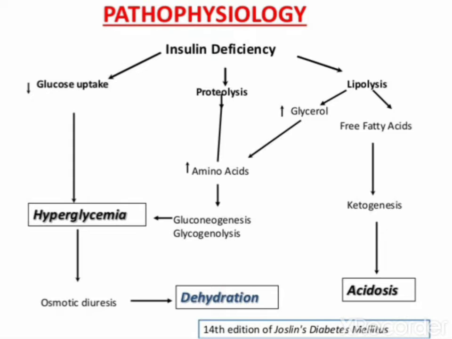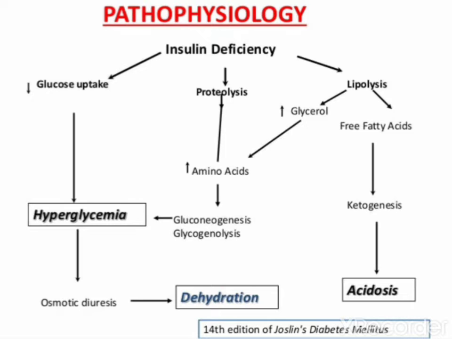Now coming to pathophysiology, when there is insulin deficiency, there is decreased glucose uptake in the body. When there is decreased glucose uptake, there is hyperglycemia, or more glucose will be present in the bloodstream. More glucose in the bloodstream leads to osmotic diuresis, that is, more urine, leading to dehydration.